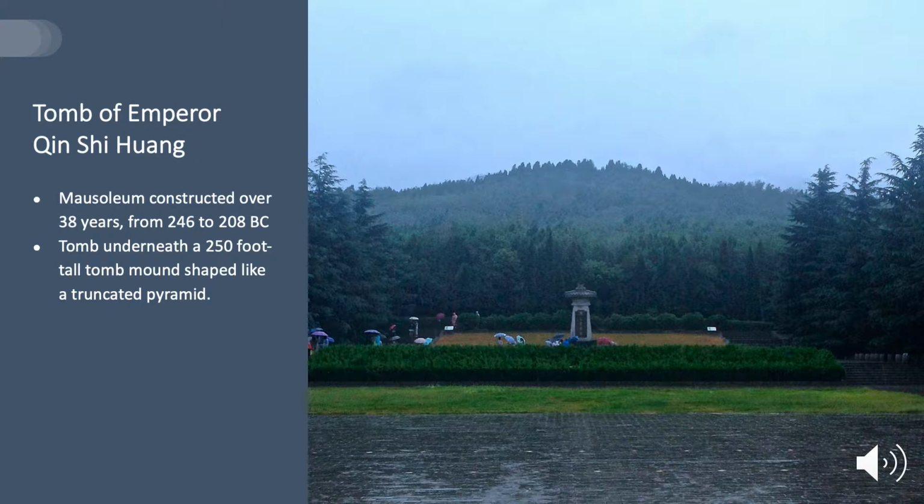This is a photograph I took on a very rainy day. So this is the tomb of Emperor Qin Shi Huang as it is today. So you can see it's a hill. Underneath this hill, which has not been excavated, we have evidence that his final resting place, the tomb and the entire room that was constructed around it, is located here under this hill.